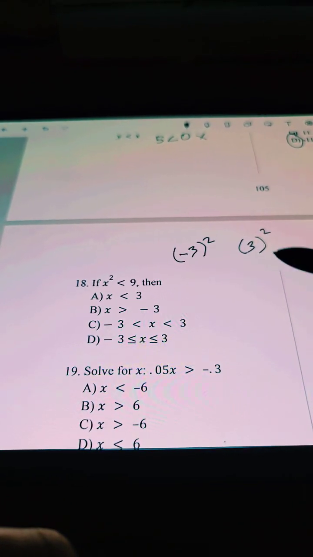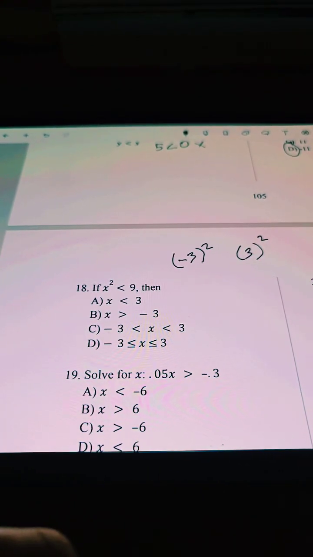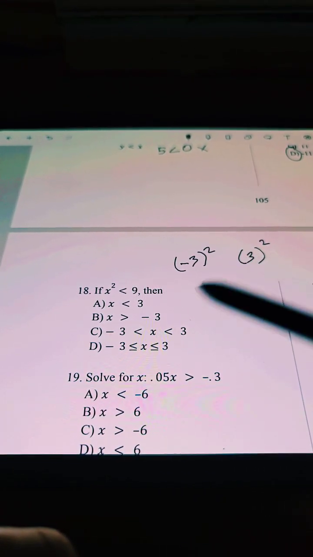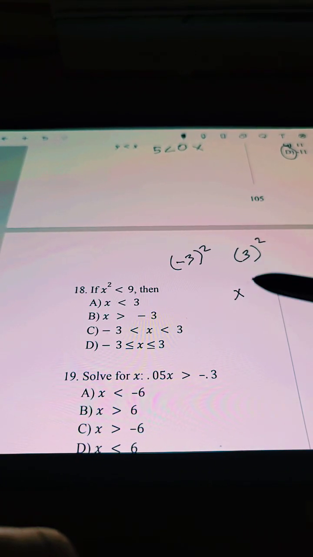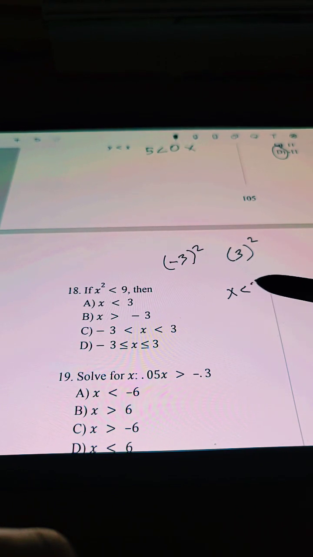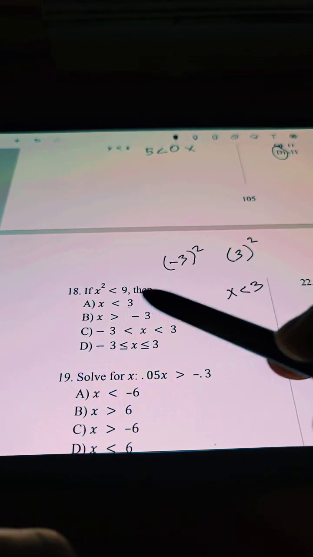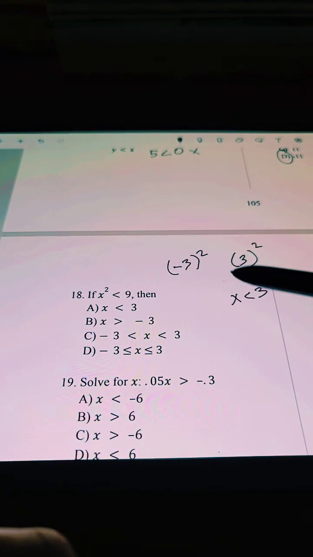So in order for that to happen, it's usually easier for people to start with the positive one. So if we want to talk about +3 being x, the x value would have to be less than +3 in order for x squared to be less than 9.